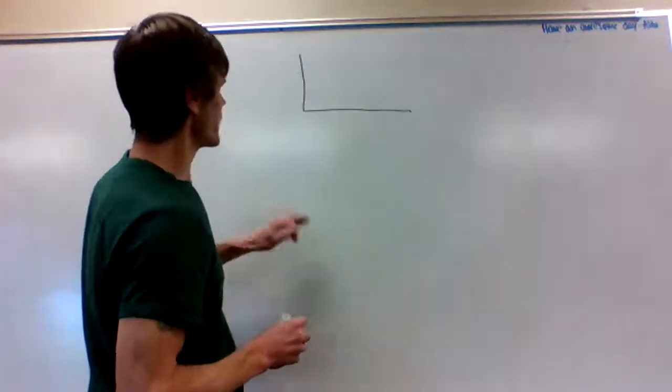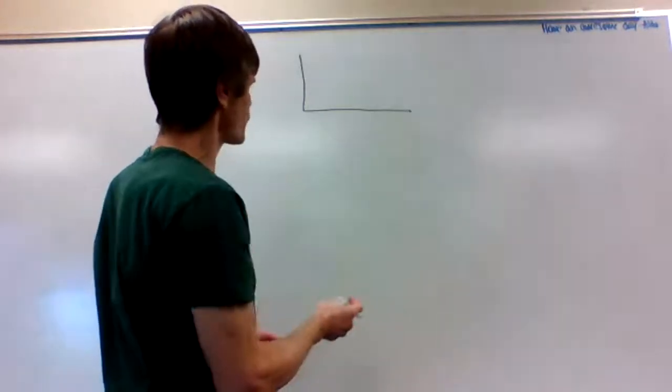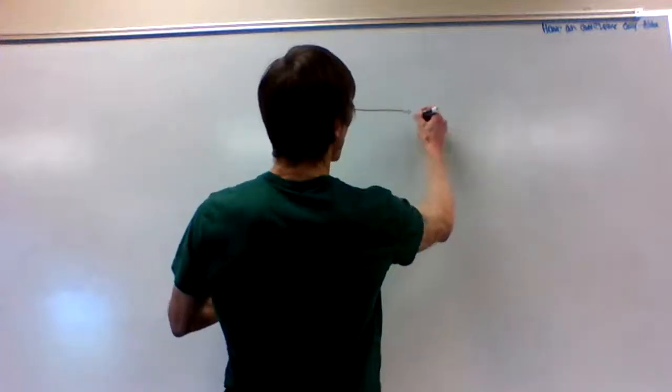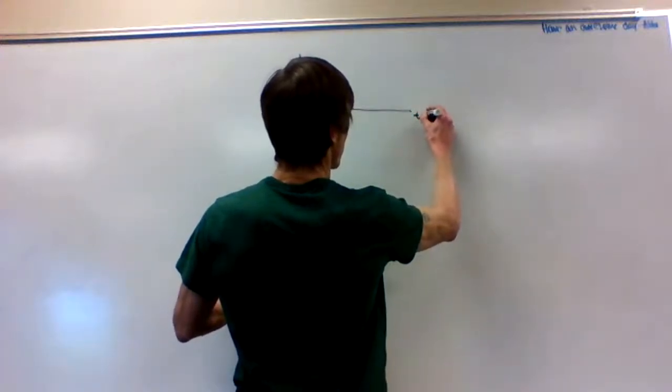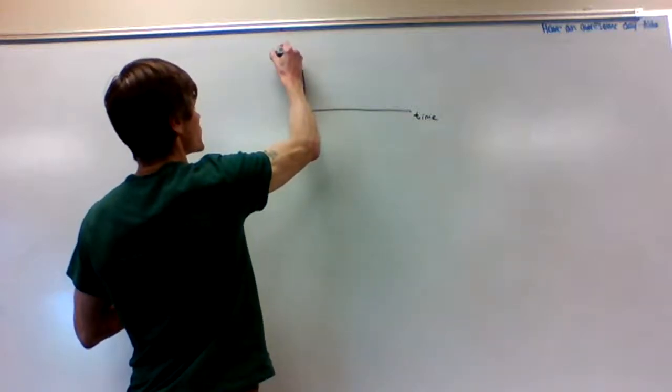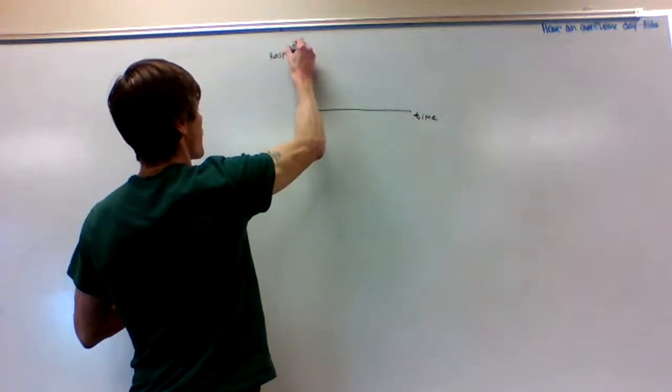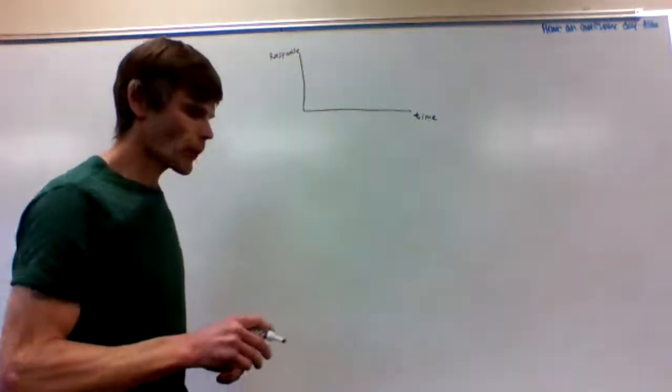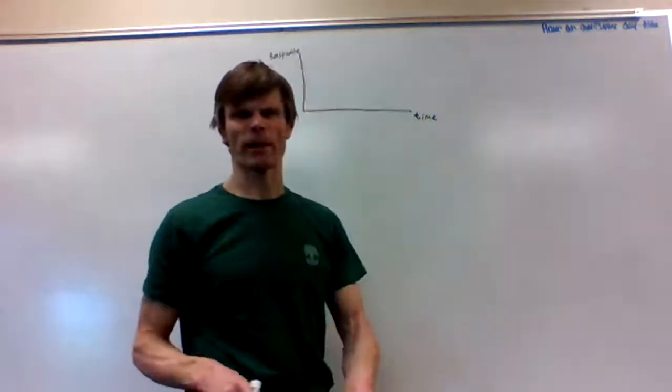So once again, we have a graph that gives us an axis of time versus our response from our detector. And what we're going to do is look at a little more complex situation.